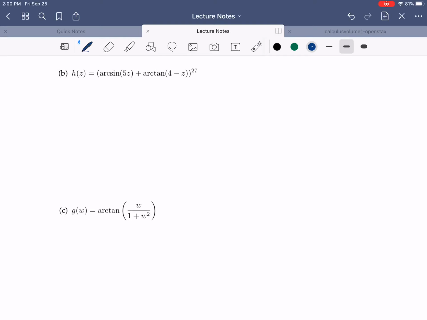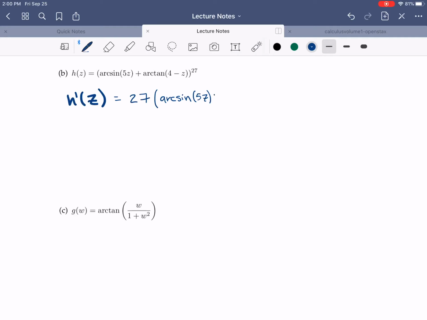So the very outer function is going to be that raising it to the 27th power. So if I think about x to the 27th power, the derivative would be 27x to the 26th power, and the same idea applies here. So I have 27 times this whole thing. I'm not changing it at all.